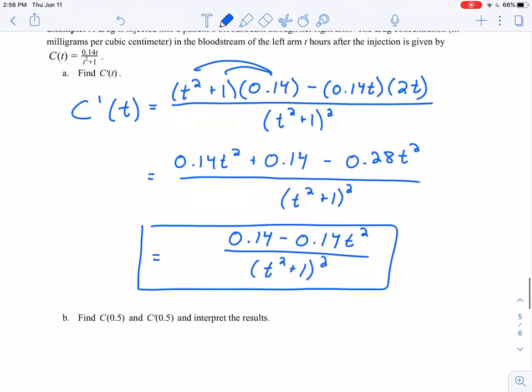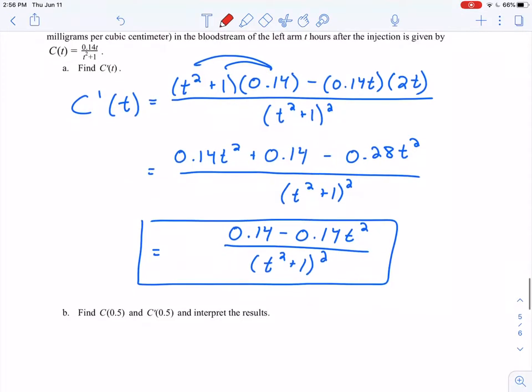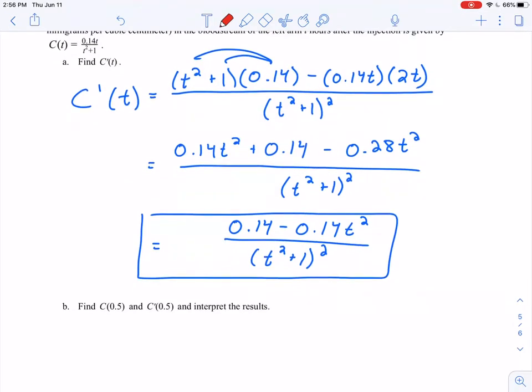Last thing I want to do in this section here, I want to find c of 0.5 and c prime of 0.5, and then interpret those results. I want to be able to talk about what they represent in the context of this problem. So let's start with c of 0.5, and I'm just going to take 0.5, plug that into my original function up here.